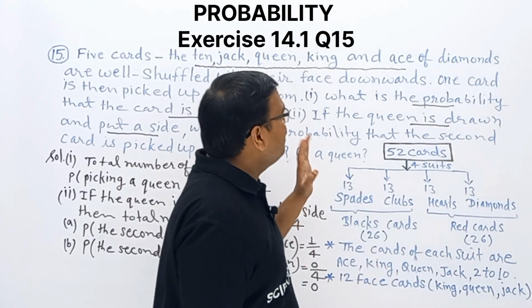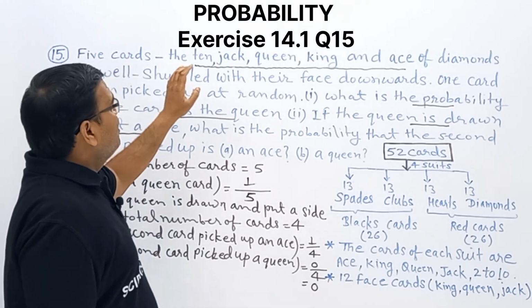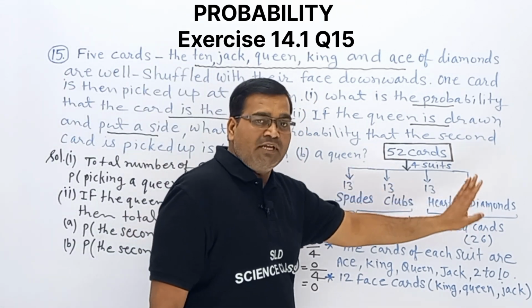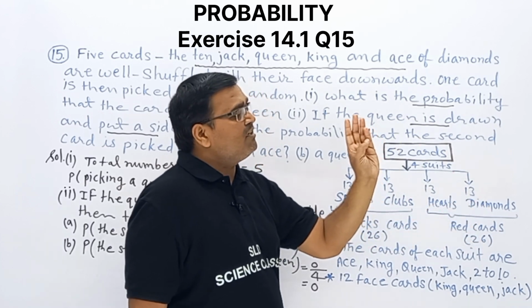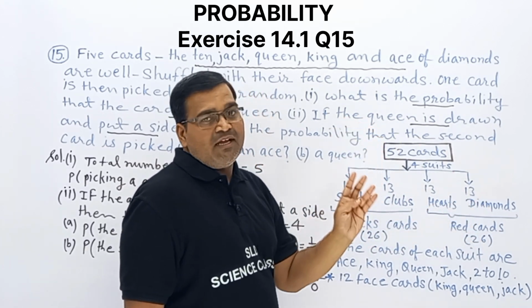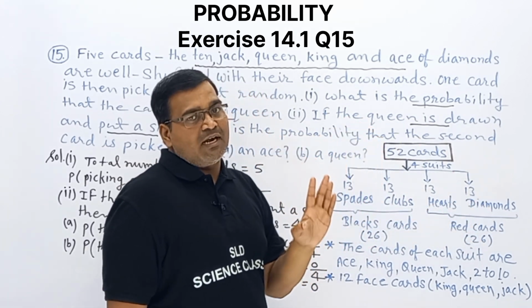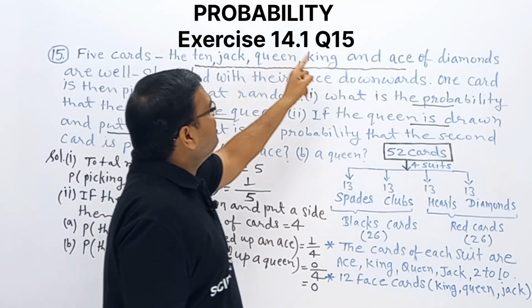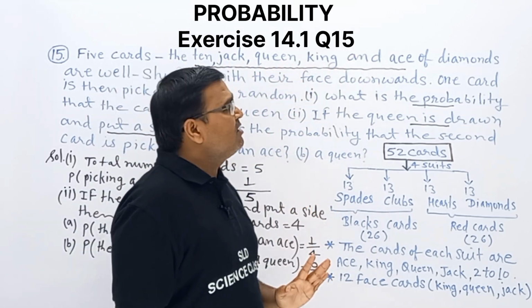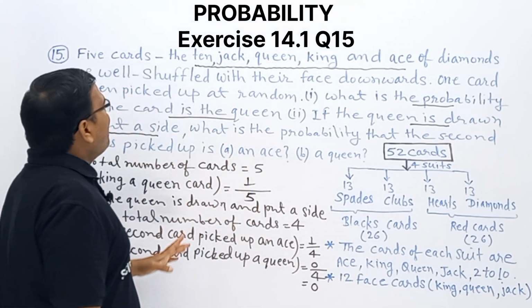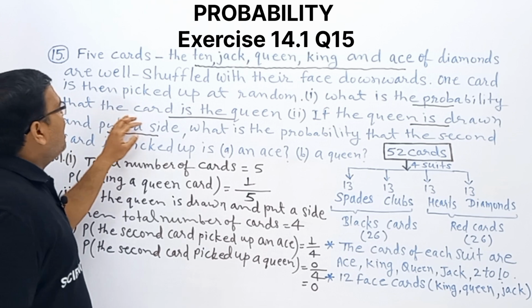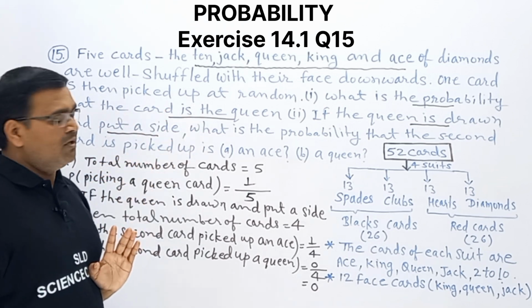Now in this question we have 5 cards of diamonds. Out of these 13 we have 10, jack, queen, king and ace. Clear?